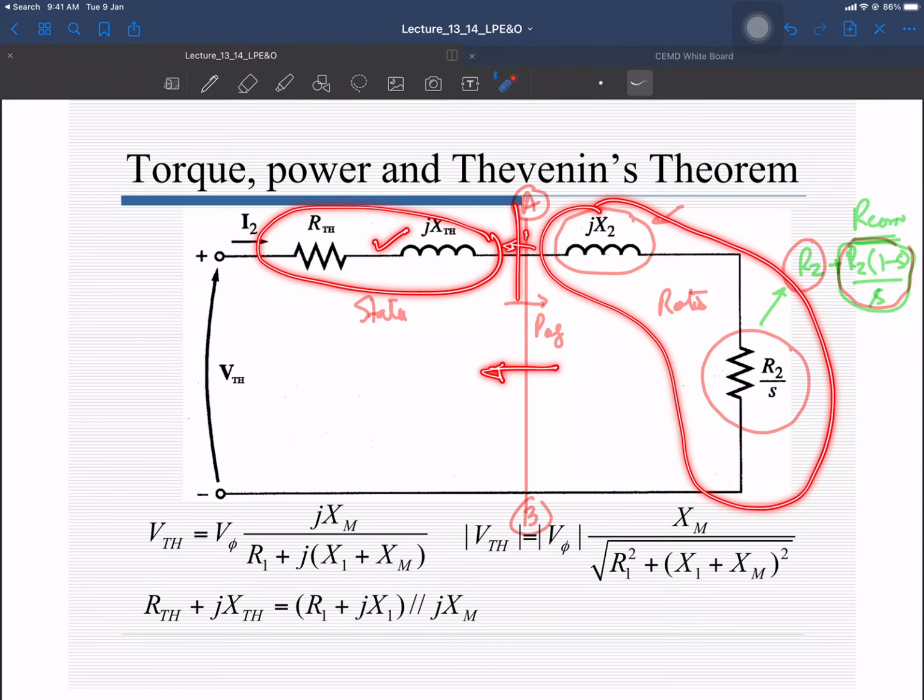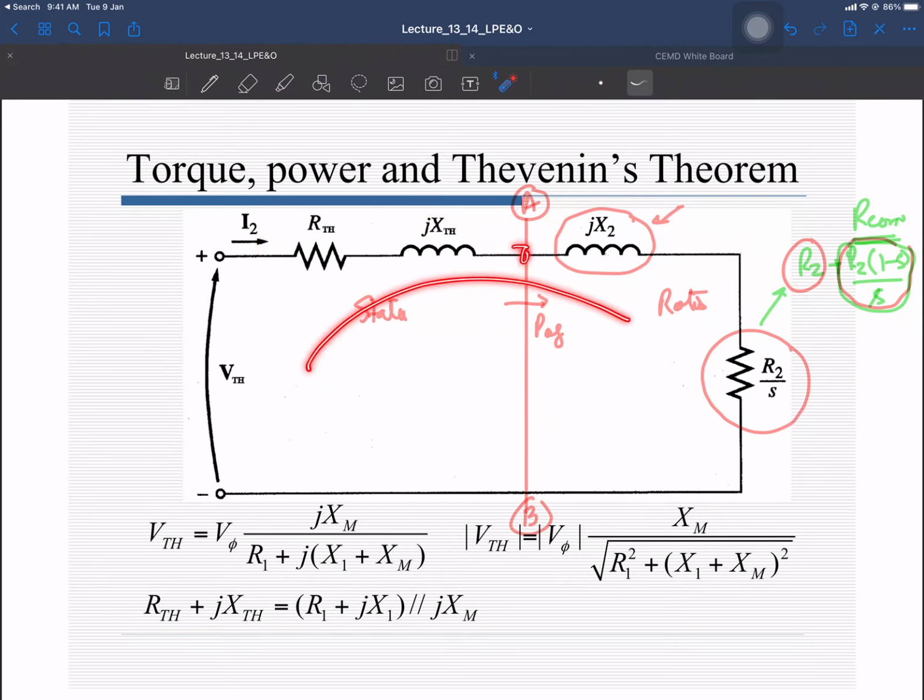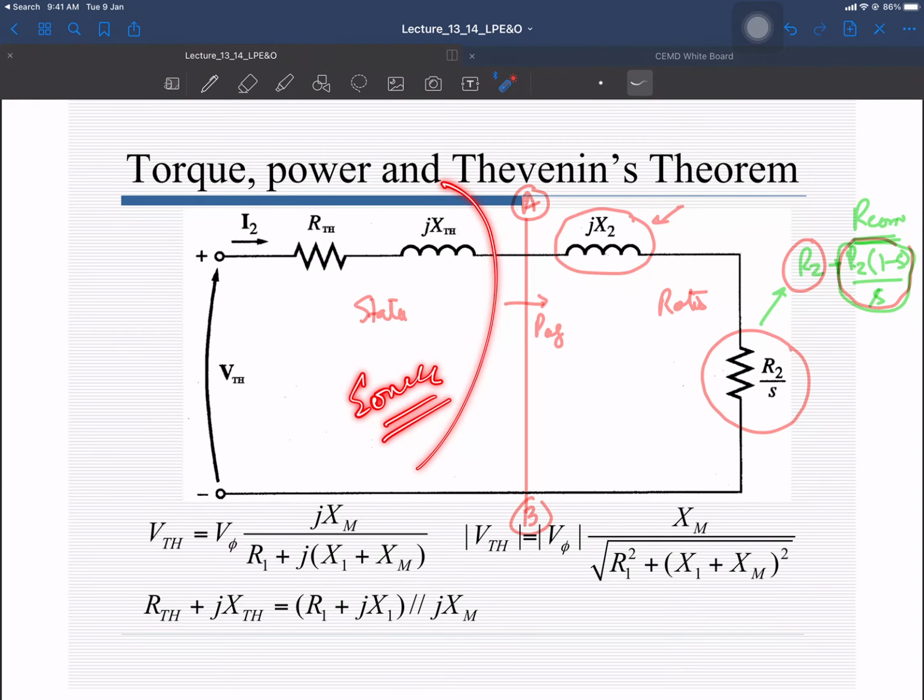So if this impedance becomes equal to this one, you can extract the maximum power from this circuit, which is acting as the source for your rotor, right? So in order to extract the maximum power, you should have the same rotor impedance as R Thevenin and jX Thevenin. If that is the case, you can extract the maximum power.